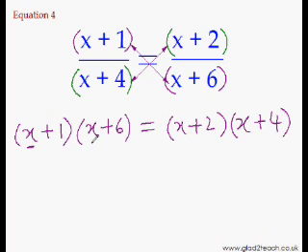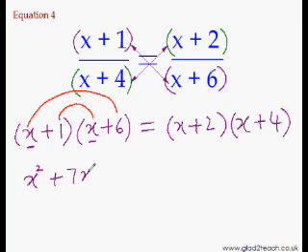Multiply the first term with the first term to get the first term of the answer. The middle term is always rainbow. So x plus 6x would be 7x. And to get the last term, we simply multiply the last term with the last term. 1 times 6 is 6. Similarly, we can expand these as well.